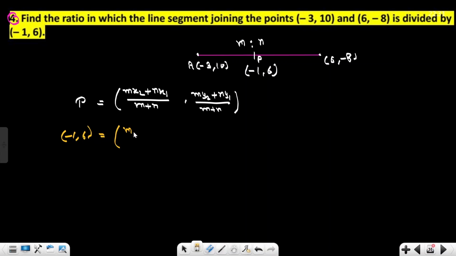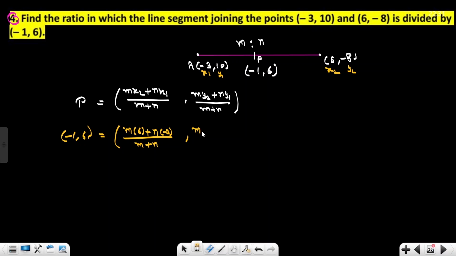We don't know m and n. With x1, y1, x2, y2: x2 is 6 into m, plus n times x1 which is -3, divided by m plus n.